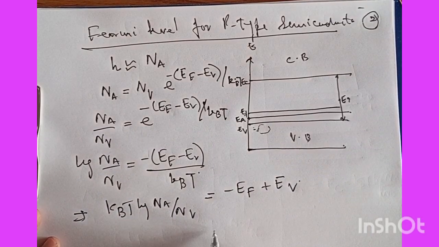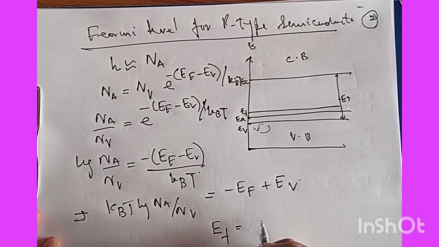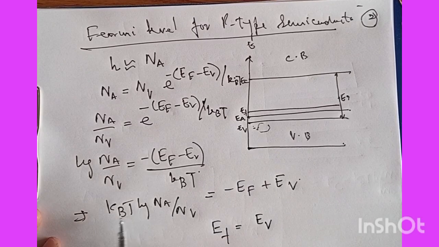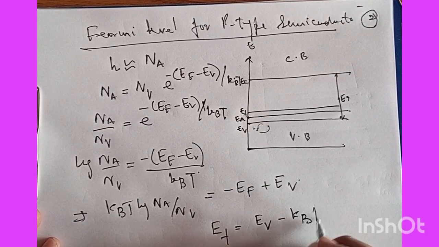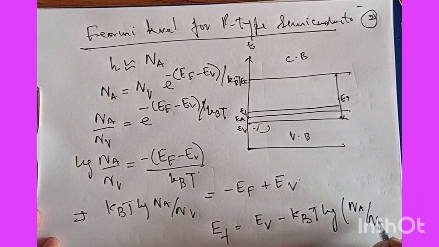Now in this case, the Fermi energy EF will be, if I transform it here, EV, and I transform it back here, minus kBT log of Na by Nv.